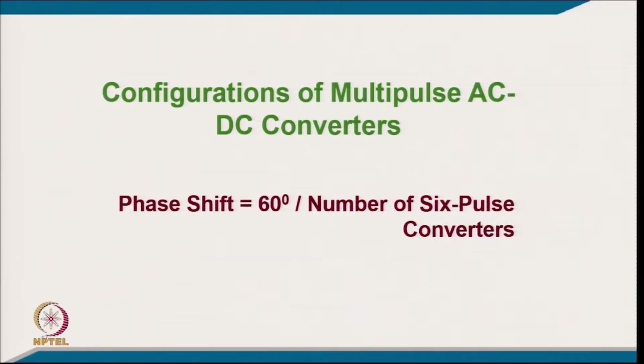If you require 18 pulse, there are 3 converters, so 60 by 3, you will require a 20 degree phase shift. If you have a 24 pulse converter, which requires 4 converters, it will be 60 by 4, a 15 degree phase shift among the different converters. Or you have a 36 pulse converter, so you have 6 converters, so 60 by 6, you will require a 10 degree phase shift.